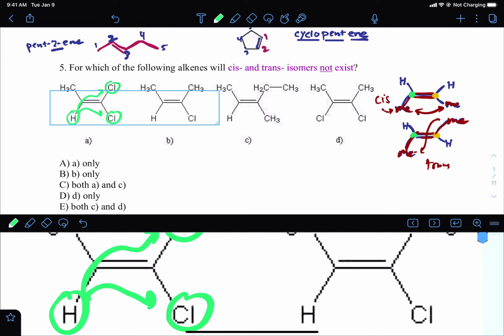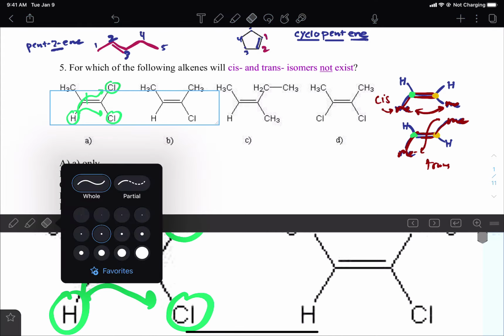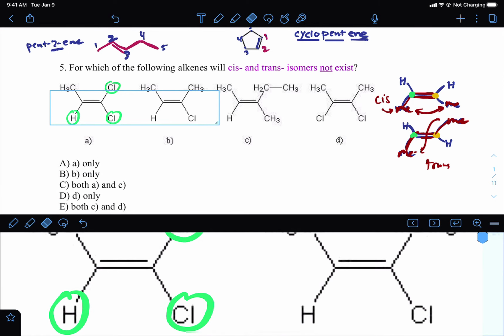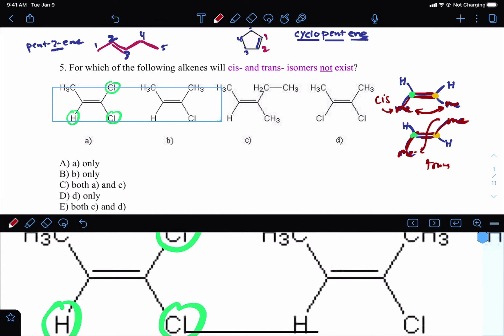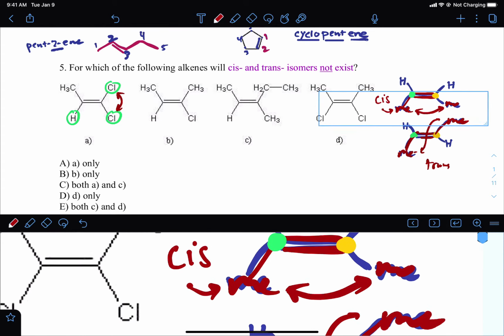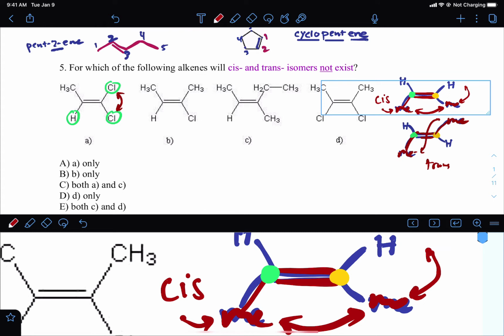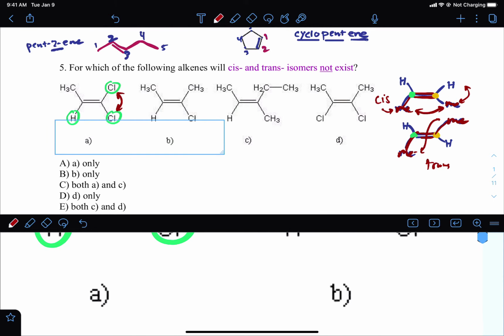If you swap these two groups, you get the same molecule. It's literally the same thing. Whereas over here, if we swap these groups, we get something different. We get cis versus trans. So A doesn't work because we've got those two chlorines.